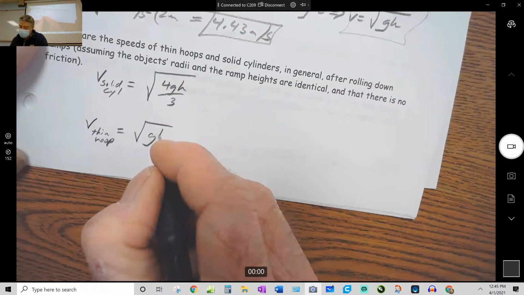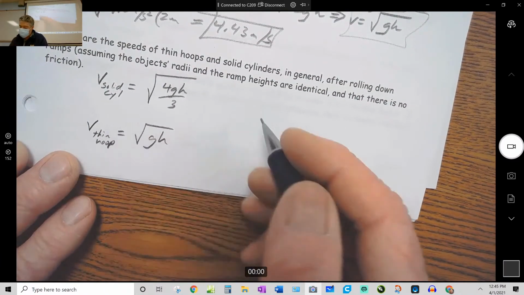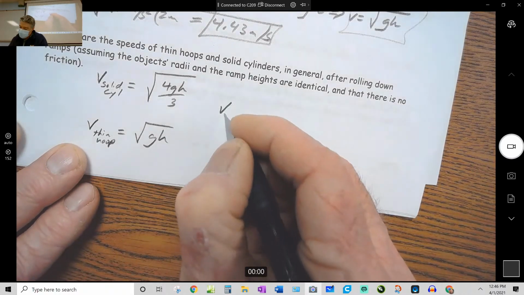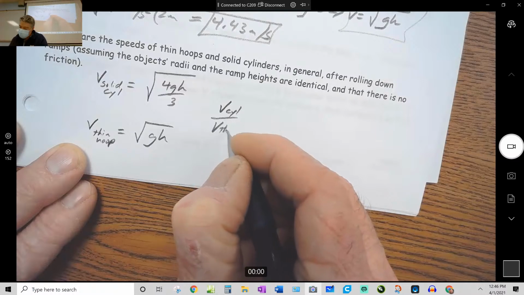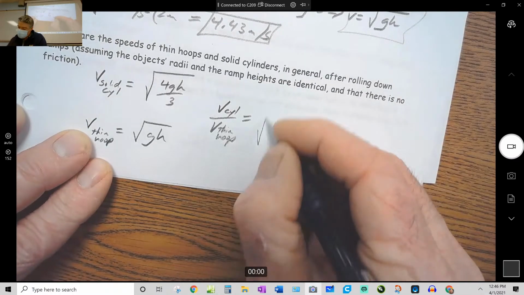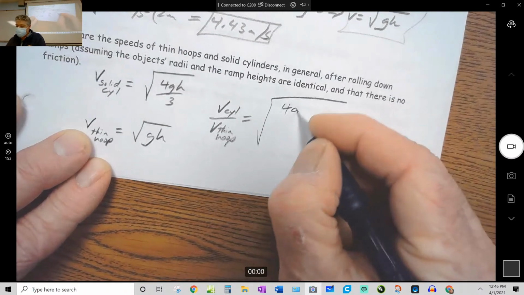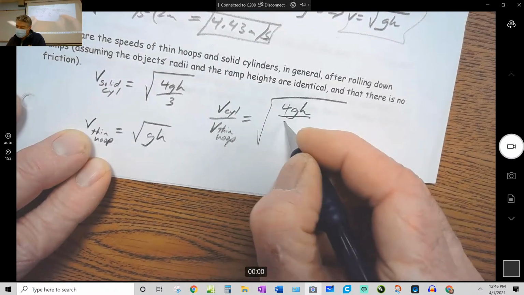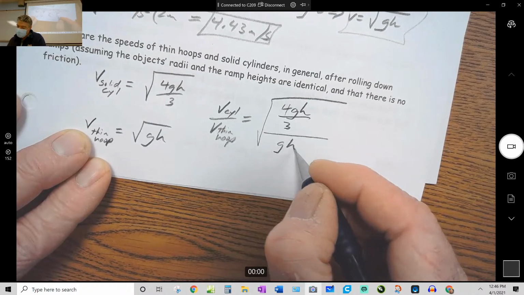So if we wanted to find the ratio of those, you could just divide them. V cylinder over V thin hoop would just be the square root of 4gh over 3 divided by the square root of gh.